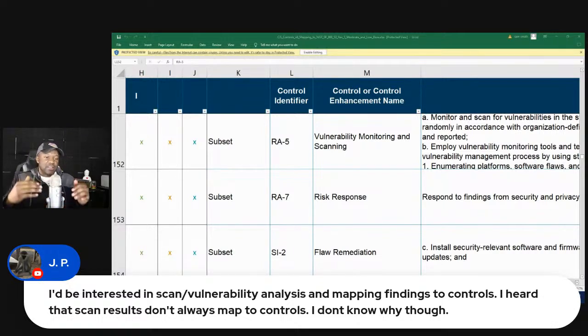CCIs itemize each one of the controls for vulnerabilities that end up on Windows systems and on applications. They give each control that you should have a number. The Department of Defense does this, and they're very thorough about it.